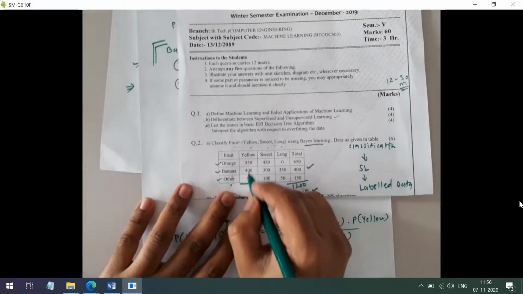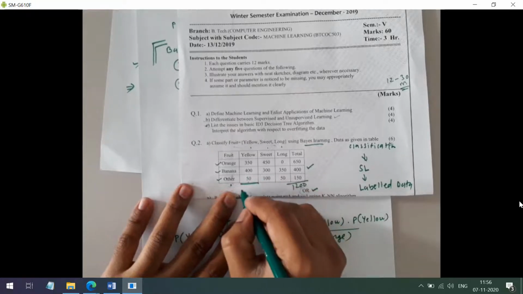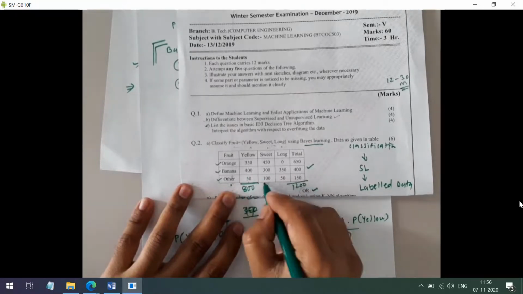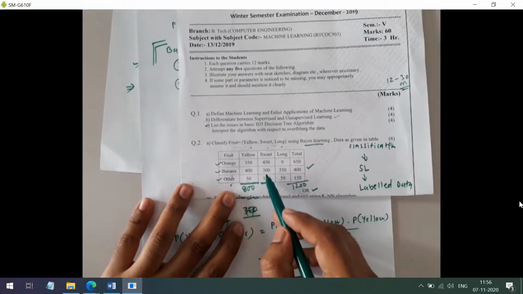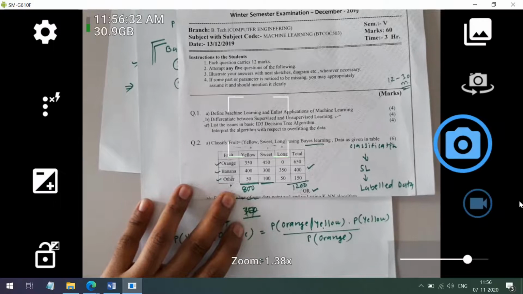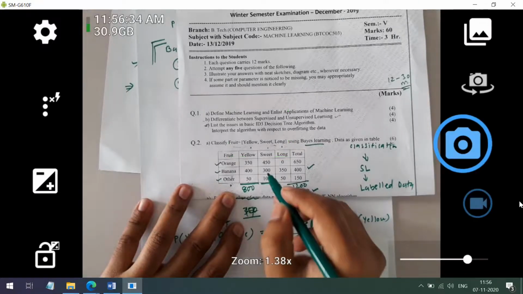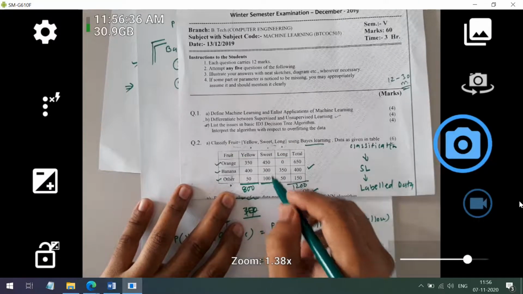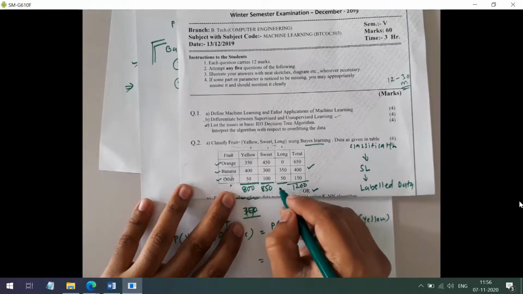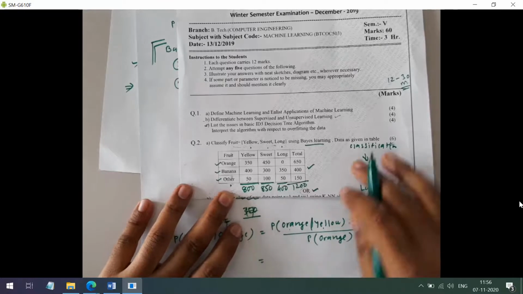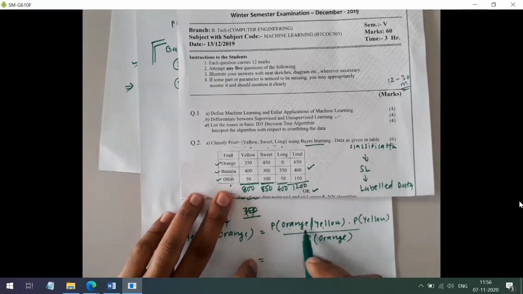So 350 plus 400 plus 50, that is 800. How many sweet fruits are there? So 450 plus 300 plus 100, which is 850. How many long fruits are there? That is 400.